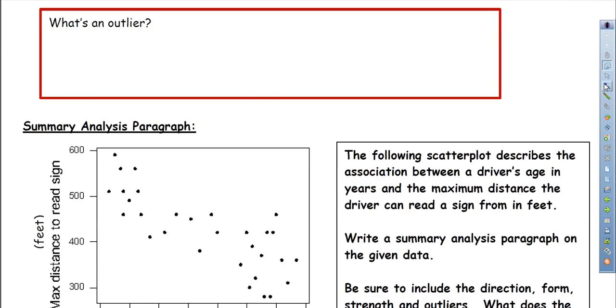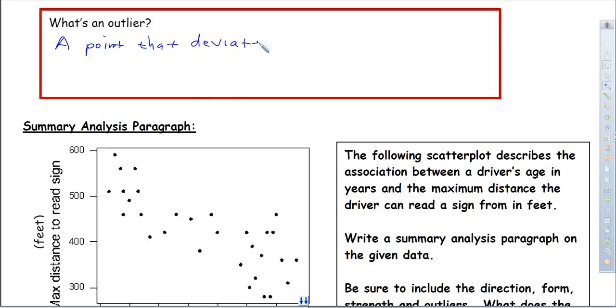And what is an outlier? Well, an outlier, remember, it's just that unusual point. So we can say that this is a point that deviates from the pattern of the relationship. A point that deviates or does not follow the path of the relationship.